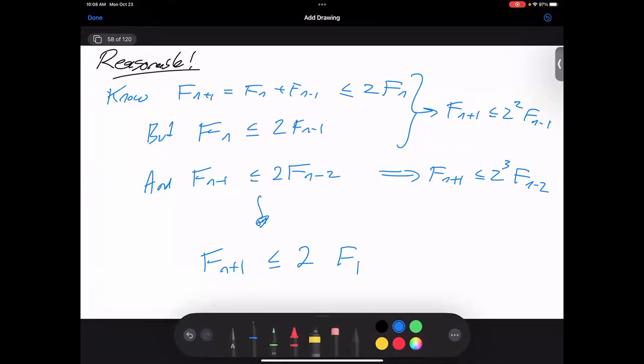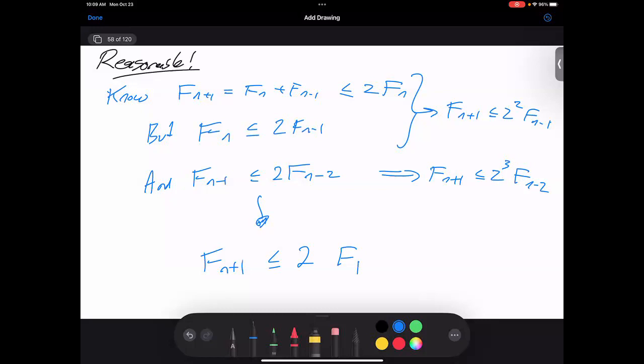Let's think about what's going on. Here, 3 plus n minus 2 is n plus 1. 2 plus n minus 1 is n plus 1. The sum of the exponent of 2 and the index of f is always n plus 1. So if I have f to the first power, what should my power of 2 be? We said f_{n+1} is at most 2 cubed f_{n-2}, and at most 2 squared f_{n-1}.